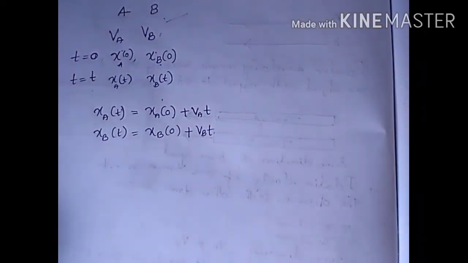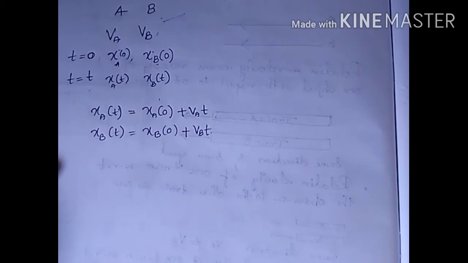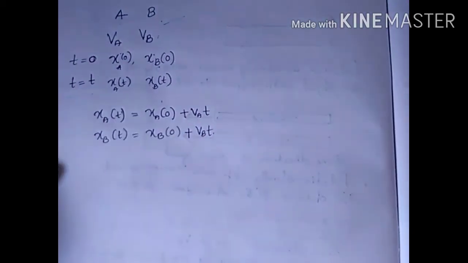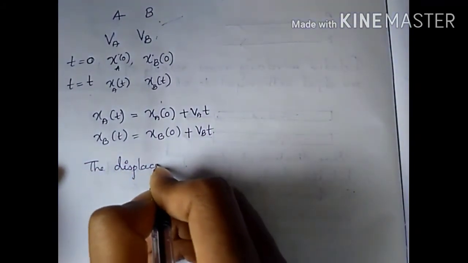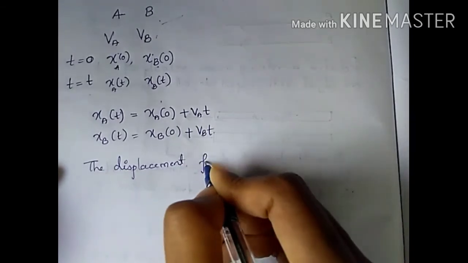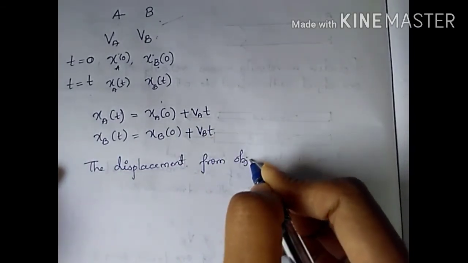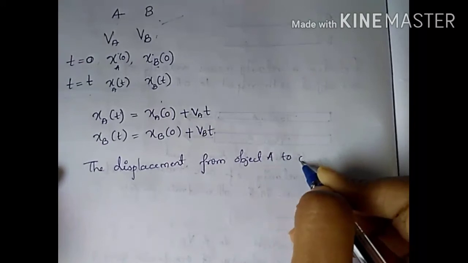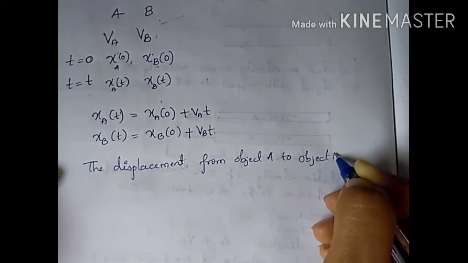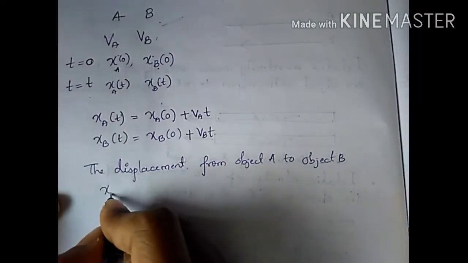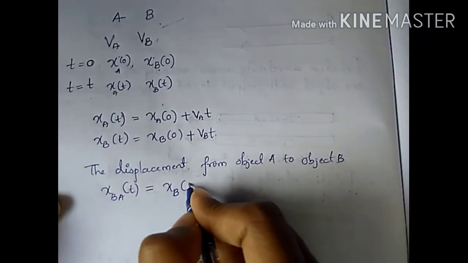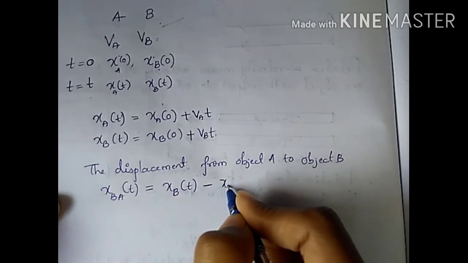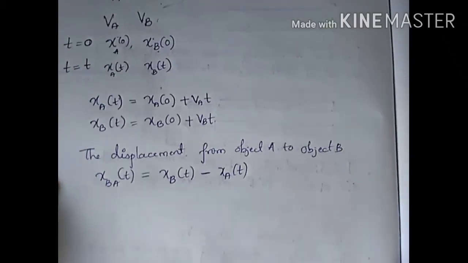So the displacement from object A to object B can be written as xBA(t), which is equal to xB(t) minus xA(t).